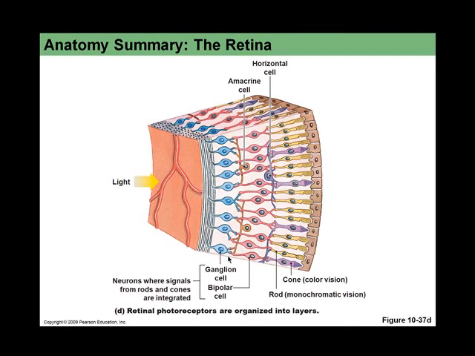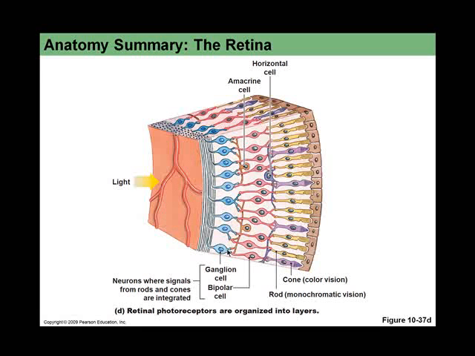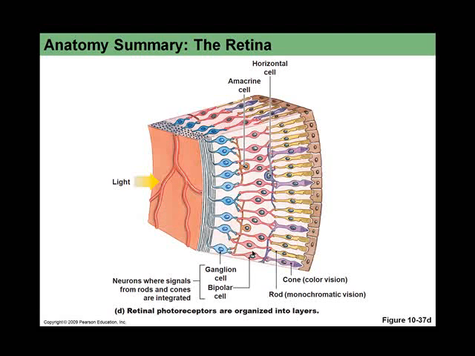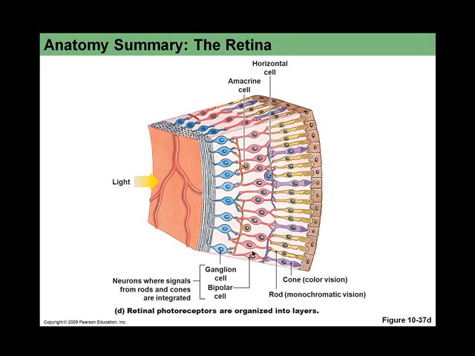first cellular layer, the ganglion cell layer. And then these receive innervation from bipolar cells. So remember, this is one area where we said there were true bipolar neurons, special sensory neurons.